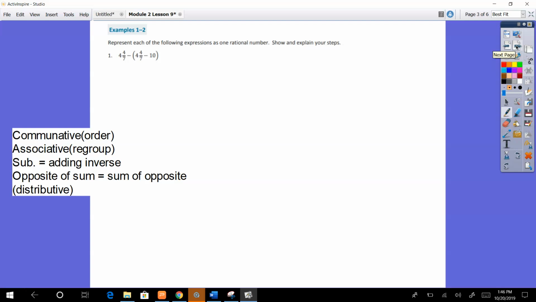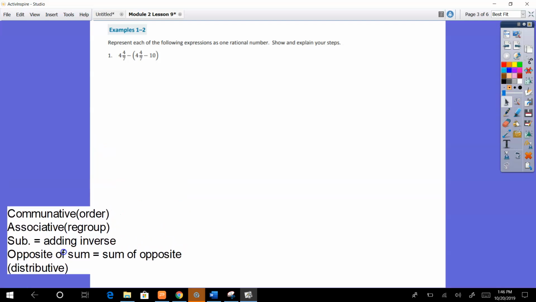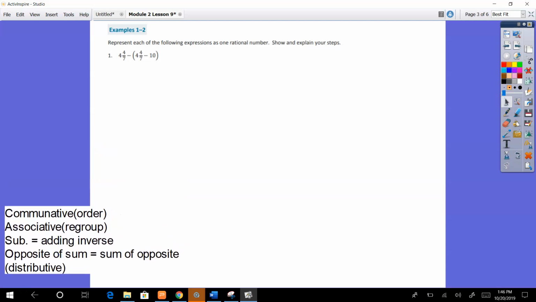Examples 1 through 2: represent each of the following expressions as one rational number. Show and explain your steps. So again, I have put the steps to the side, the ones that we've been using. Our first step is that we have subtraction here.